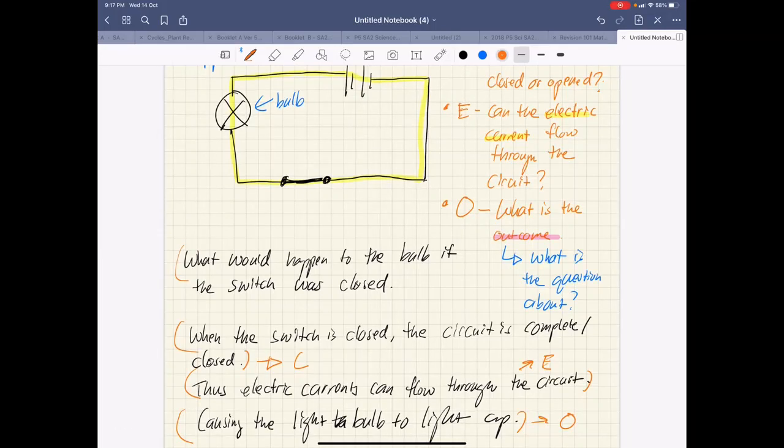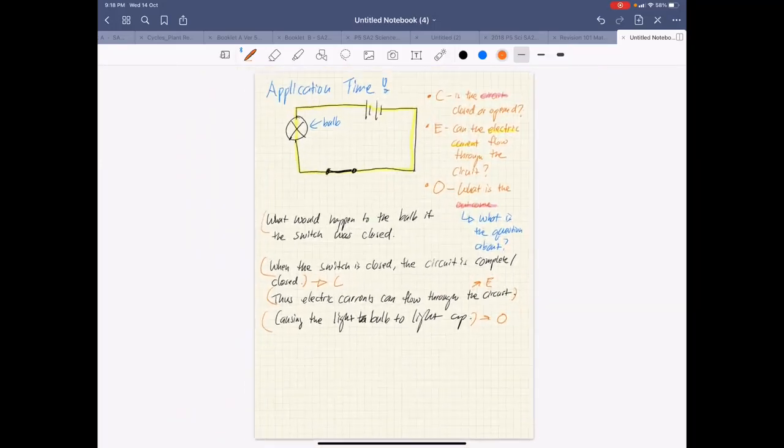In this case, you just have to change the outcome to: when the switch is closed, electric current can flow through the circuit, causing the iron rod to become an electromagnet and attracting paper clips, perhaps if the question has paper clips in it. This CEO strategy is really good for answering this type of circuit question. I hope I'm clear about it.